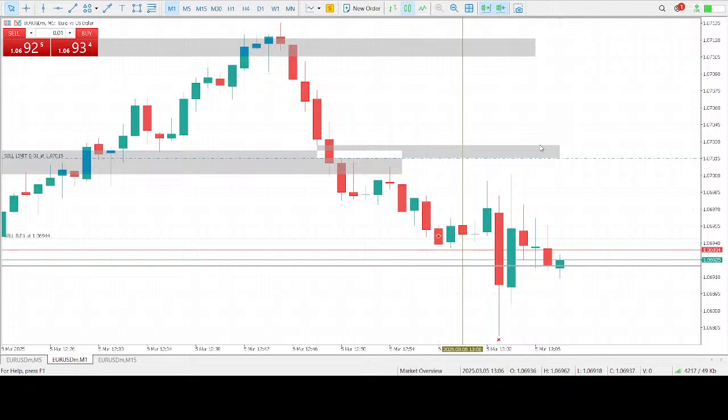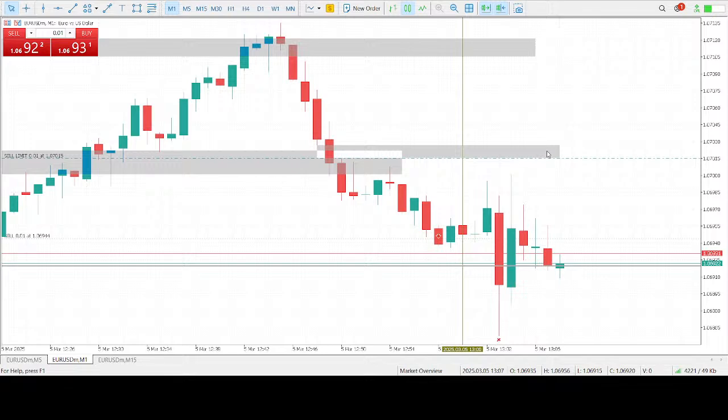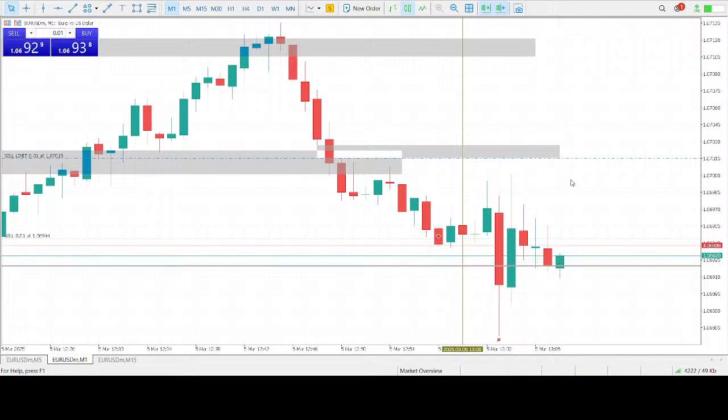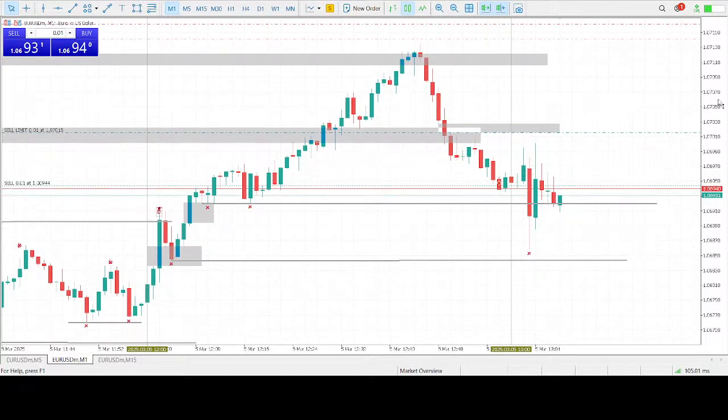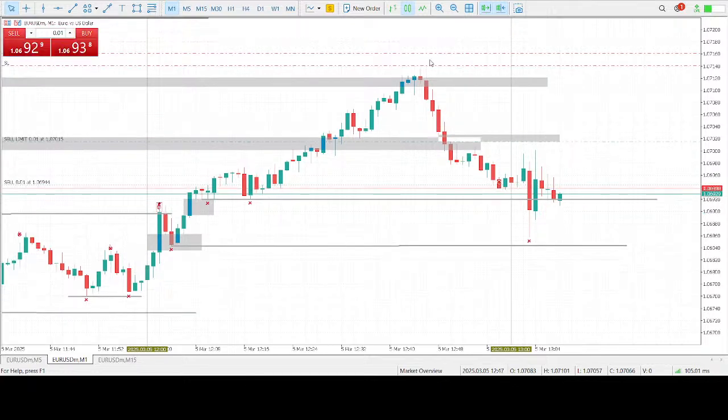I still would expect price to test this point before it rallies lower. I'm going to put my stop losses to a point where I'm most convenient. I'll bring this in as well.